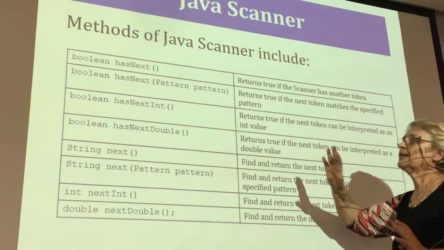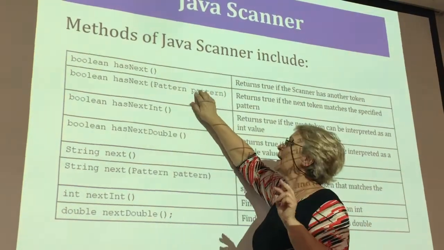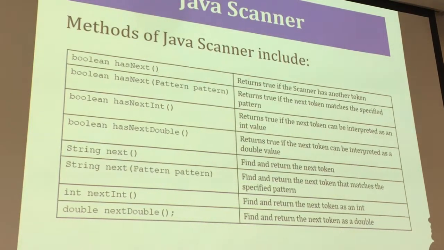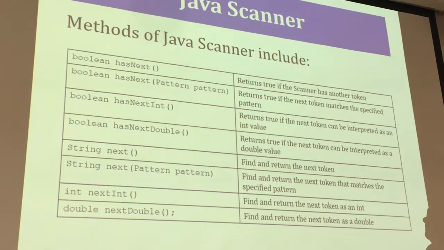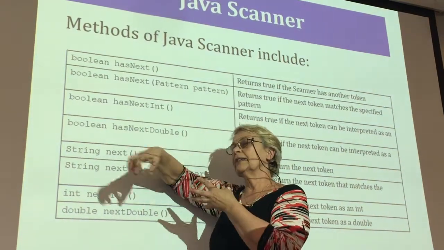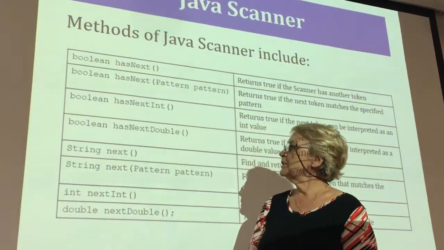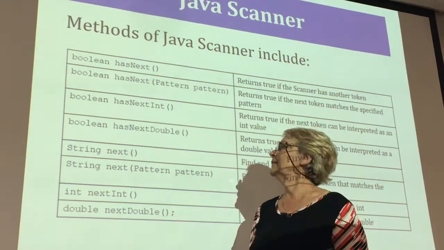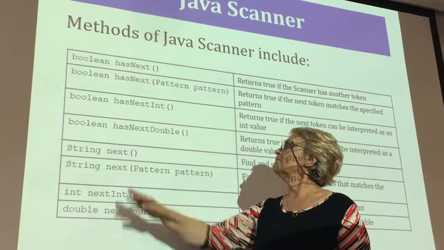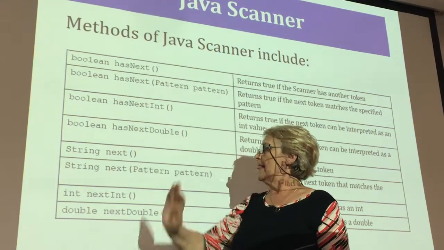We don't spend time on it, but at stage 3, you might talk about this issue. So has next integer, has next double, all are for checking that there is data to be stored in cases where you expect input and you are not sure that the input is of the proper type.